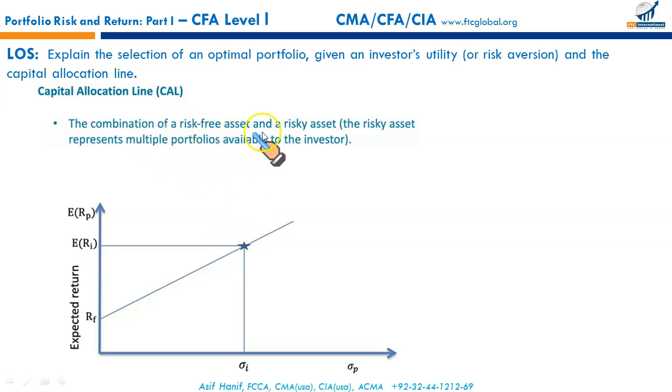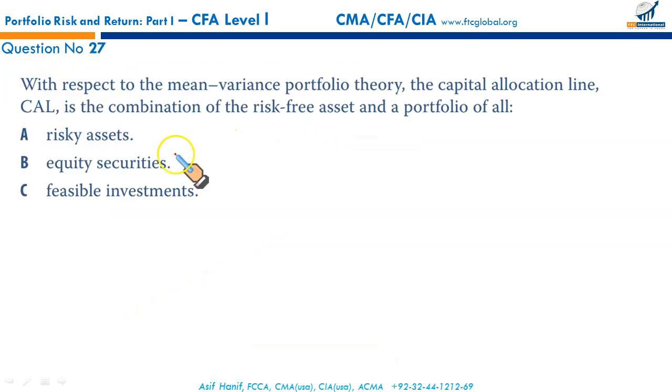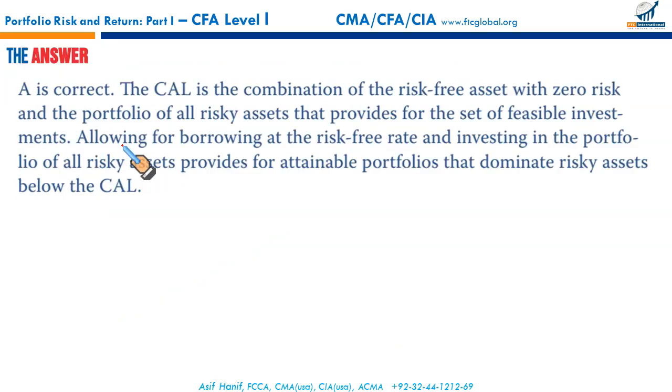And that's what gives us a set of feasible investments. So the question required that capital allocation line combines what? Risk-free asset and a portfolio of 3 options were given: risky assets, equity securities, and feasible investments. So we would take the one that says risky assets. Here we go. So that makes A the correct option.